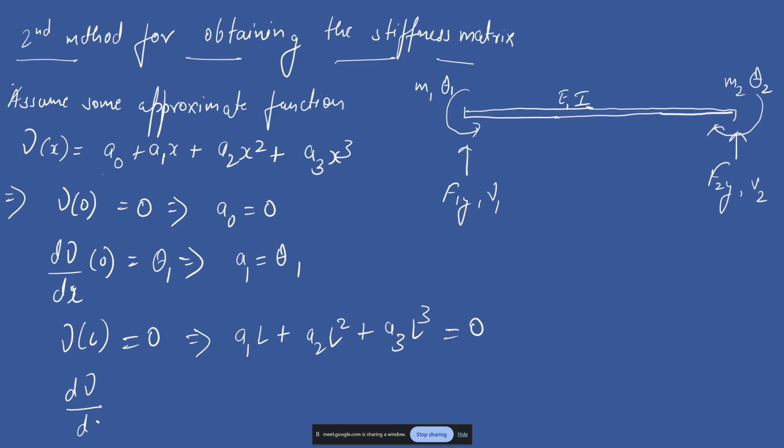Then your second derivative, which is the rotation at the right hand end, is not 0, it's theta 2.